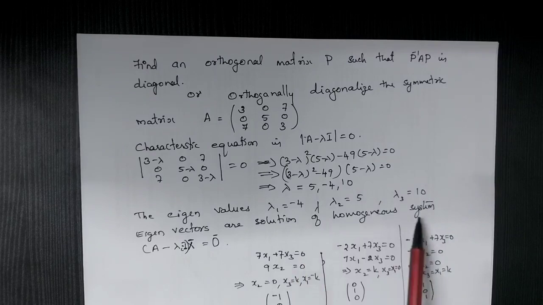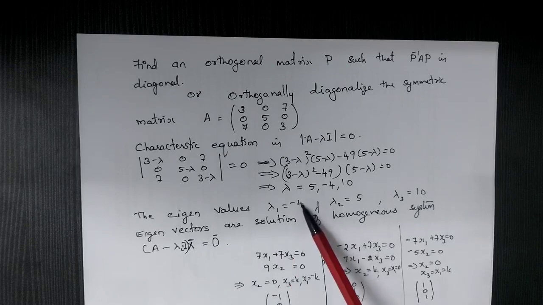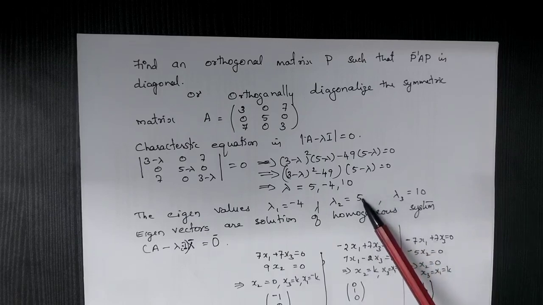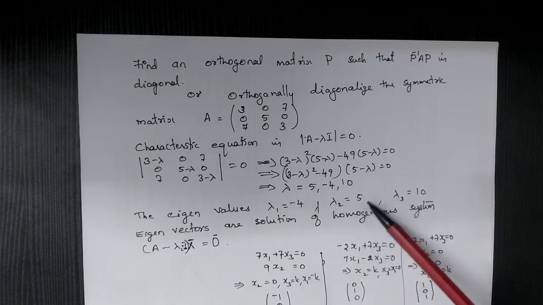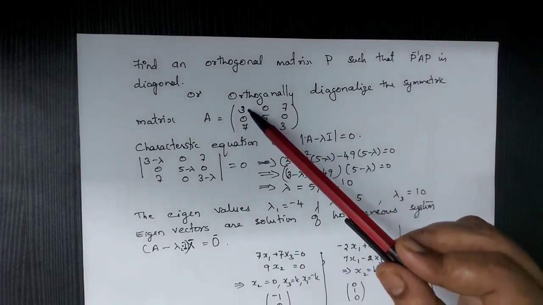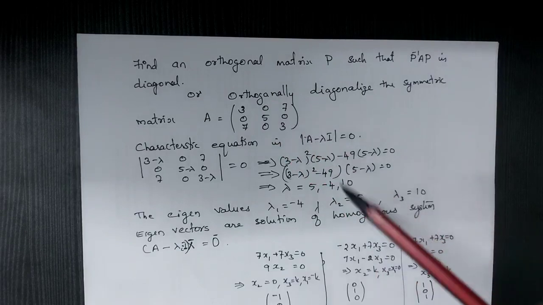The eigenvectors are solutions of the homogeneous system A minus lambda I, x vector is equal to 0. So, corresponding to lambda is equal to minus 4, these are the equations you get. From this we get x2 is equal to 0, x3 is equal to k and x1 is equal to minus k. And corresponding to lambda is equal to 5, you subtract 5 from the diagonal elements and write the equations.